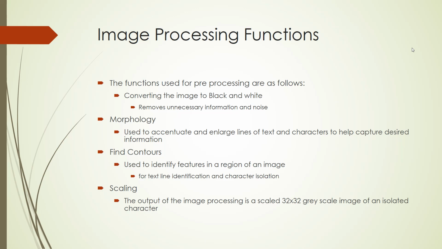Then finding contours is what's used to actually find those objects, and gives you bounding boxes and things like that. Finally, scaling was used, so if the text wasn't the correct size, it would scale the image to 32 by 32 inverted grayscale. That helps the neural network to have the correct size of data coming in.